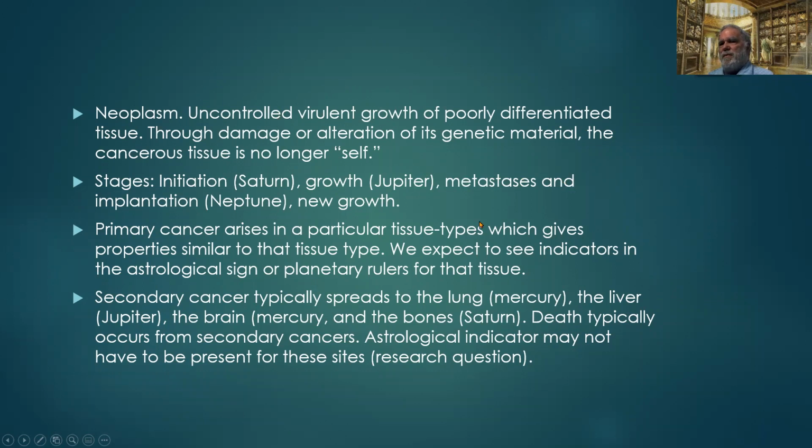So for prostate cancer or uterine cancer, you would expect to see indicators in Pluto, Mars, or Scorpio, right? For breast cancer, the moon or Cancer, right? For lung cancer, you would expect to see Gemini, Mercury, right? And possibly the moon or Cancer for the lower lobes of the lung, okay?